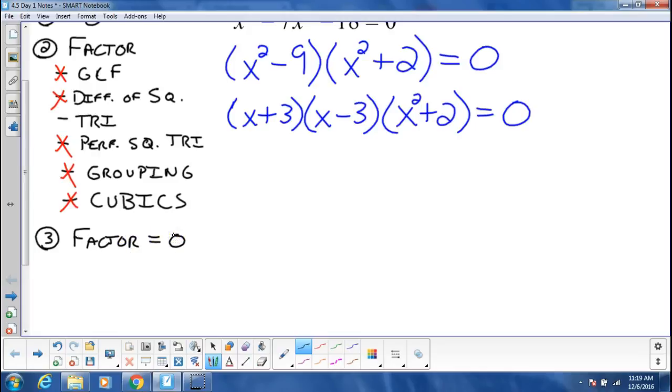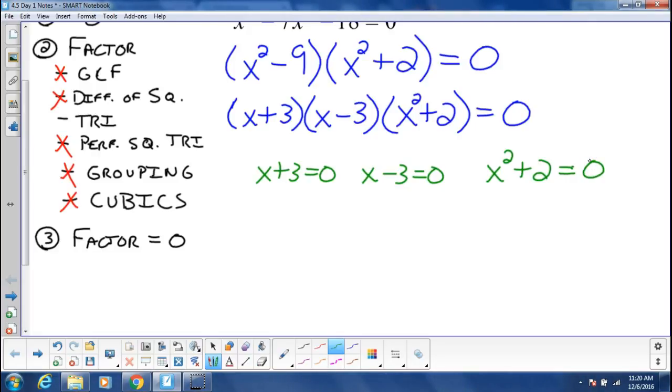Set each factor equal to 0. Fantastic. Okay, so x plus 3 equals 0. X minus 3 equals 0. X squared plus 2 equals 0.